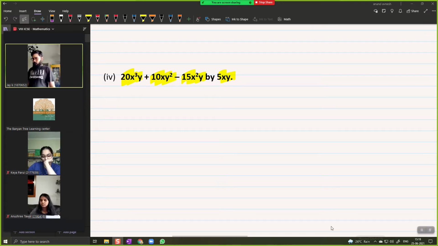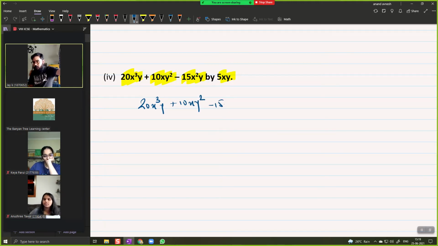Come on. Okay, so I got both your solutions and the answer is perfect. What you solved is perfect. Okay, if you want to see my solution, I will solve it: 20x cube y plus 10xy square minus 15x square y, the whole upon 5xy.